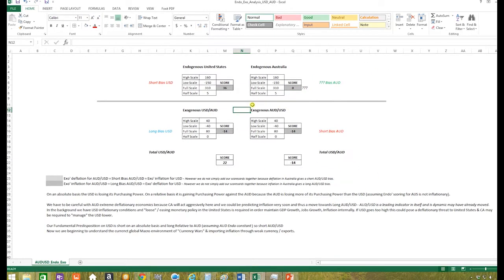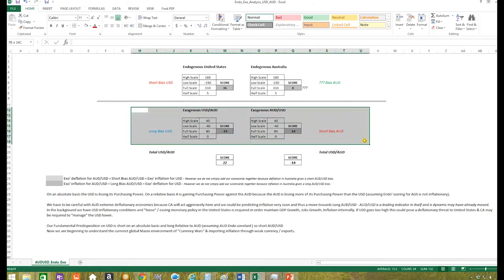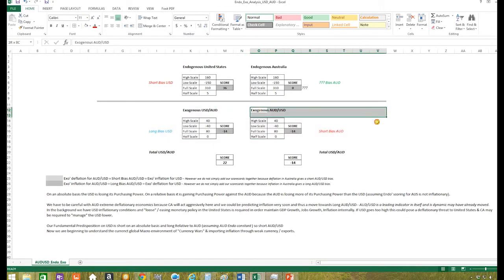Now, when we move on to the exogenous analysis lower down, what we have here on the right-hand side, our subject was to look at the Australian economy and use the Australian dollar, US dollar, as a proxy for our view on the Australian economy relative to the United States economy.